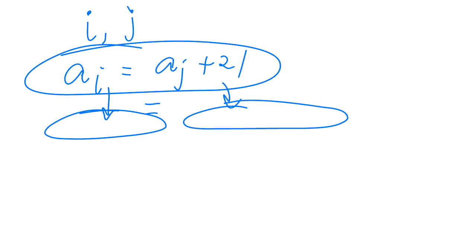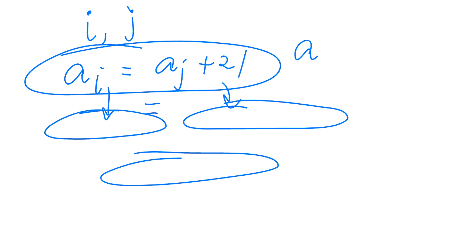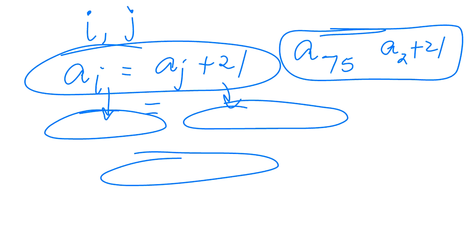So all the numbers between i and j in the first set. For example, I'll call this A75 and this A2 plus 21. That means all the numbers in the middle are also equal. If you take all the numbers between A2 and A75, those also should be equal.